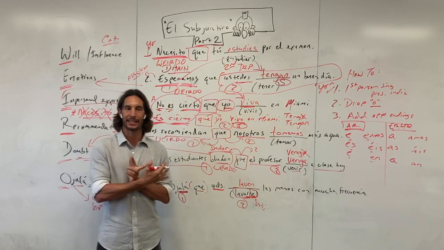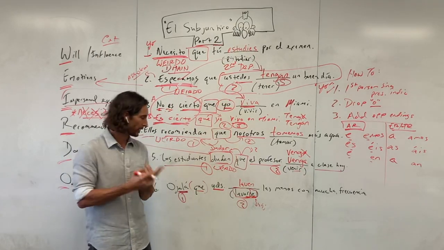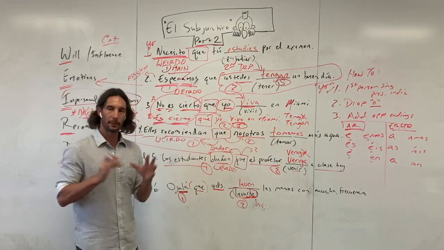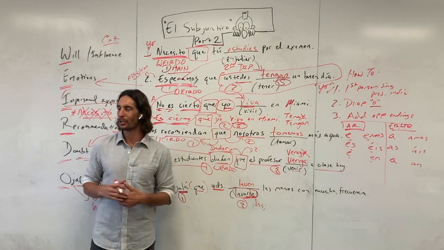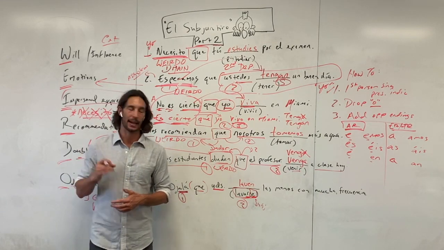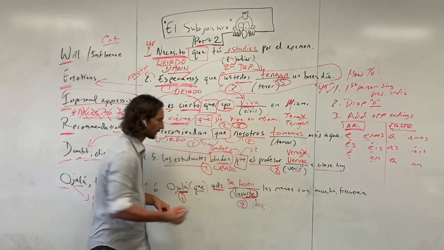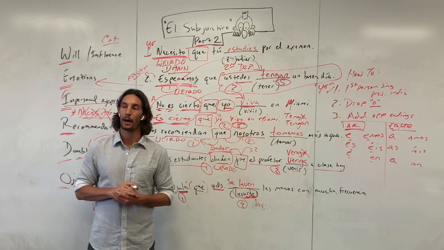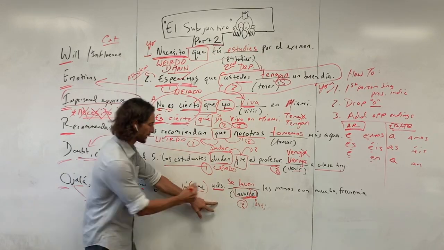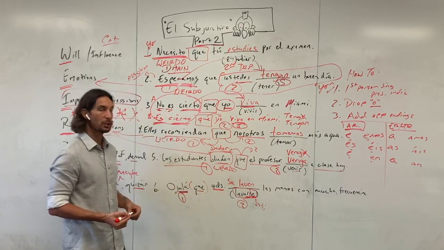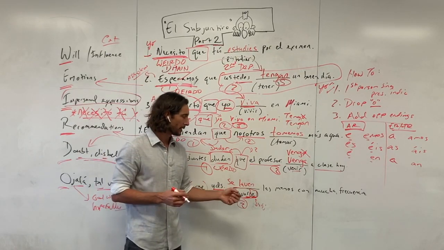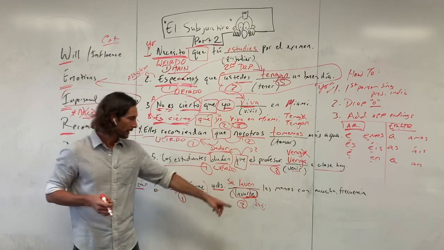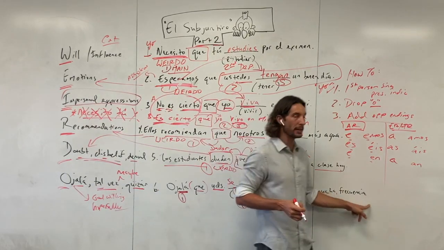And then so you have se, you have nos o se. And so we got a few to pick from, but it's third person plural, and you guys know good and well that se is the reflexive pronoun for third person plural, for ustedes. And so the sentence would read, ojalá que ustedes se laven, with an E, las manos con mucha frecuencia.